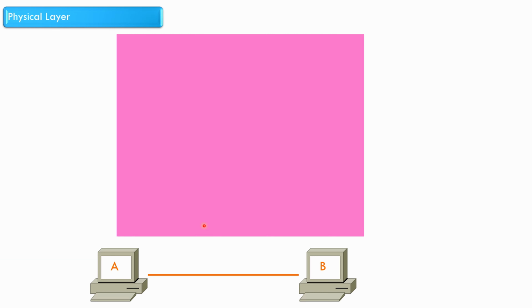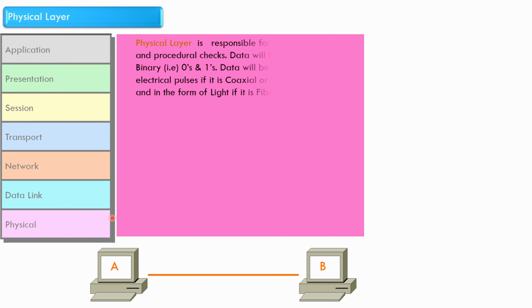Physical layer is responsible for electrical, mechanical and procedural checks. Data will be converted into binary, for example zeros and ones. Data will be in the form of electrical pulses if it is coaxial or twisted pair cable, and in the form of light if it is a fiber optic cable.